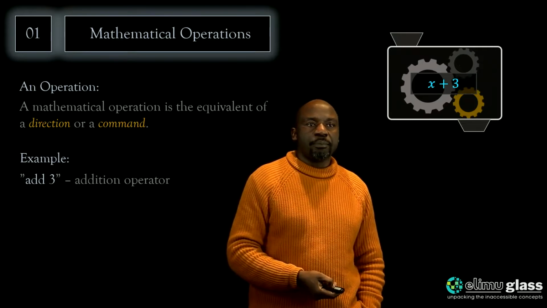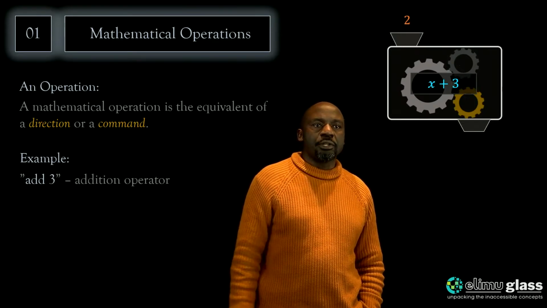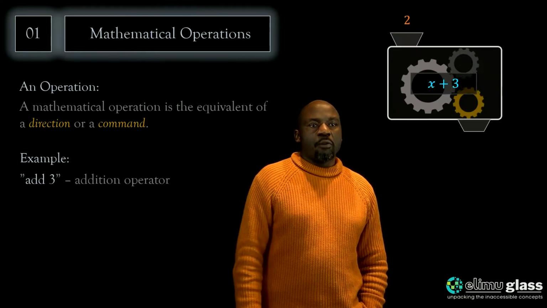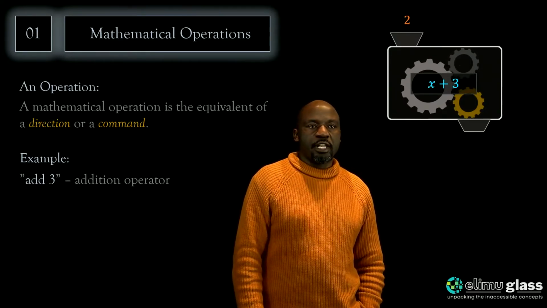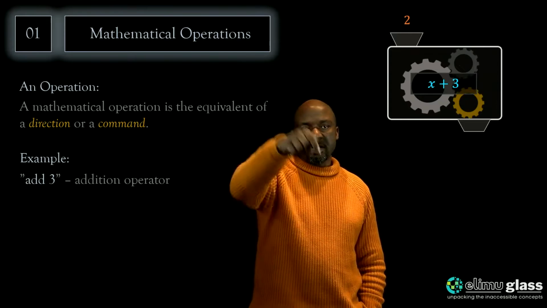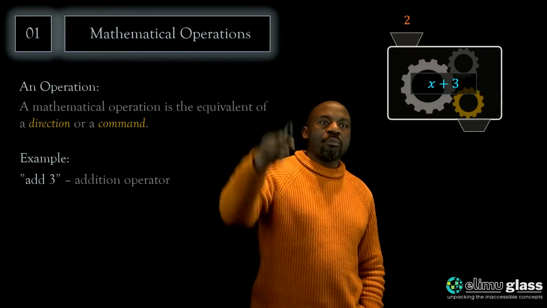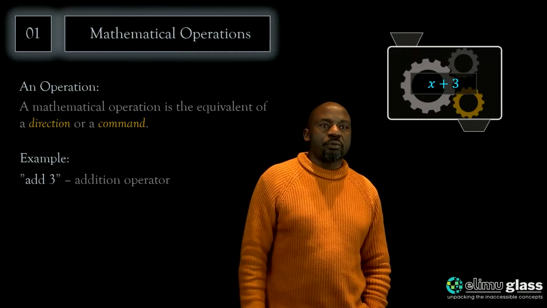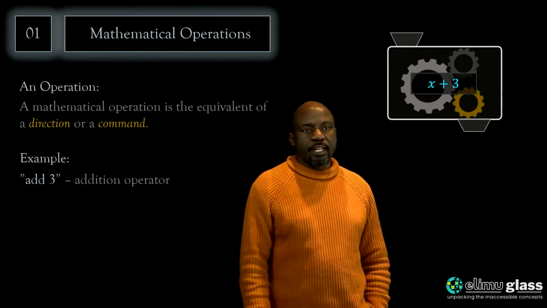So for example, if we put a 2 into the machine, the command from the machine says to add 3 to whatever you bring in. What we are bringing in represents the x. And so when we add 3, we expect to get a 5 out on the other side.